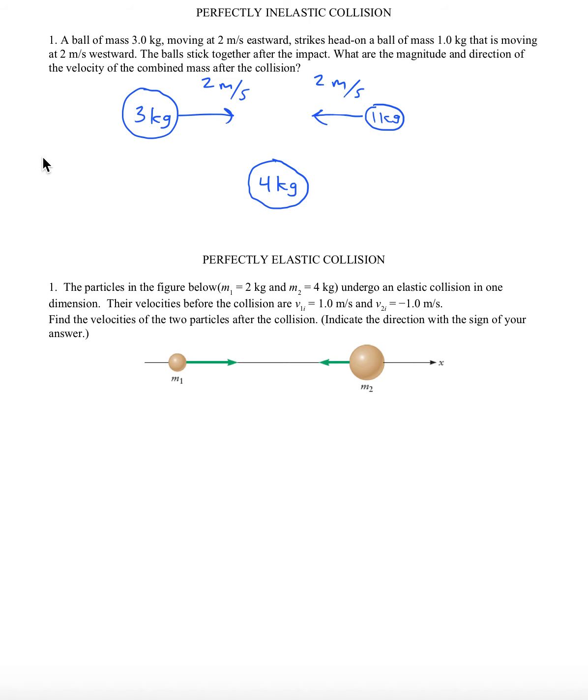First, we have to find the initial momentum of the 3 kilogram object. We'll call it P3I. We want to use the mass of the 3 kilogram object times its initial velocity. Then we'll find the initial momentum of the 1 kilogram object.